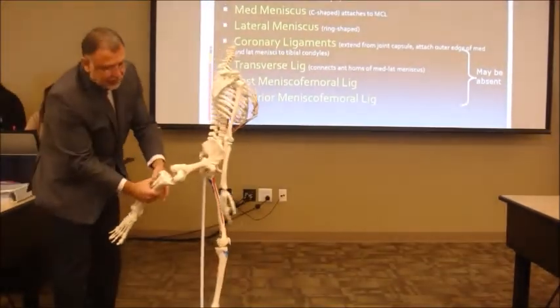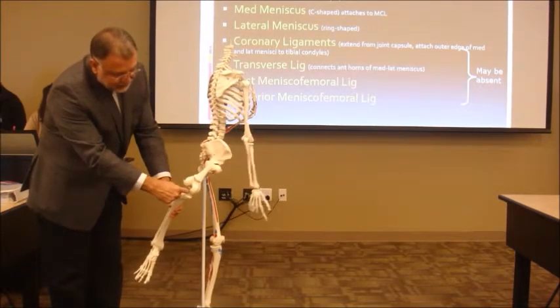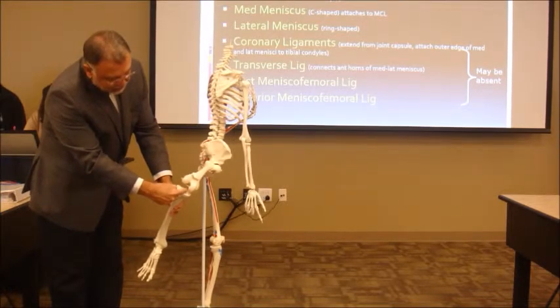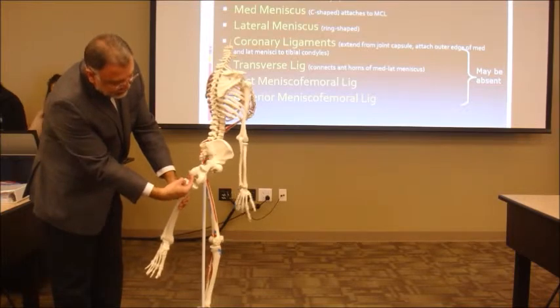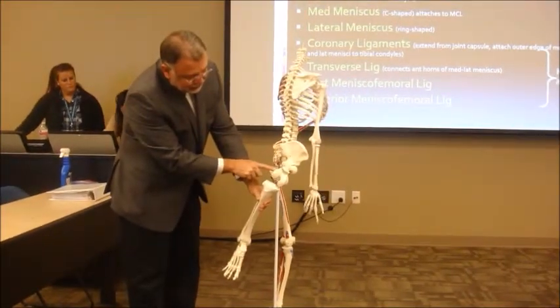So the tibial spines that are here, medially, that's where the anterior cruciate ligament will insert, crosses, that's why it's called cruciate, because it crosses and attaches to the lateral femoral condyle.